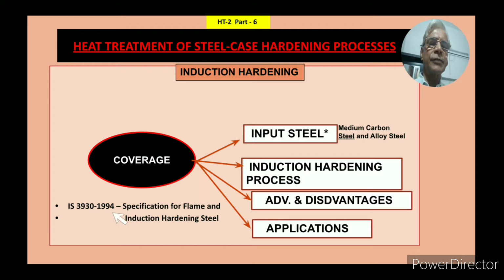This standard gives all the details about the various steels that can be used for induction hardening. You can refer to it if you want to know in detail. Then I will cover the induction hardening process, then advantages and disadvantages of the process, and finally applications.